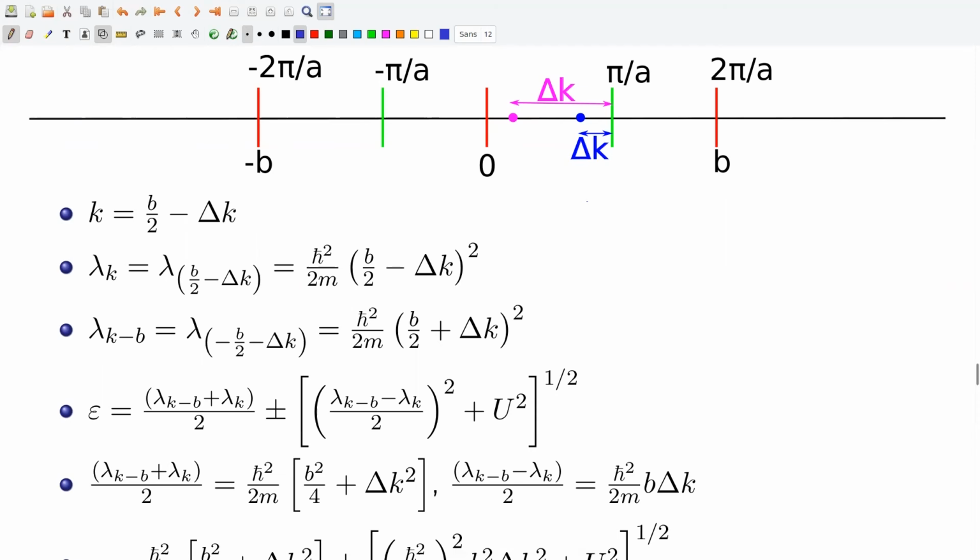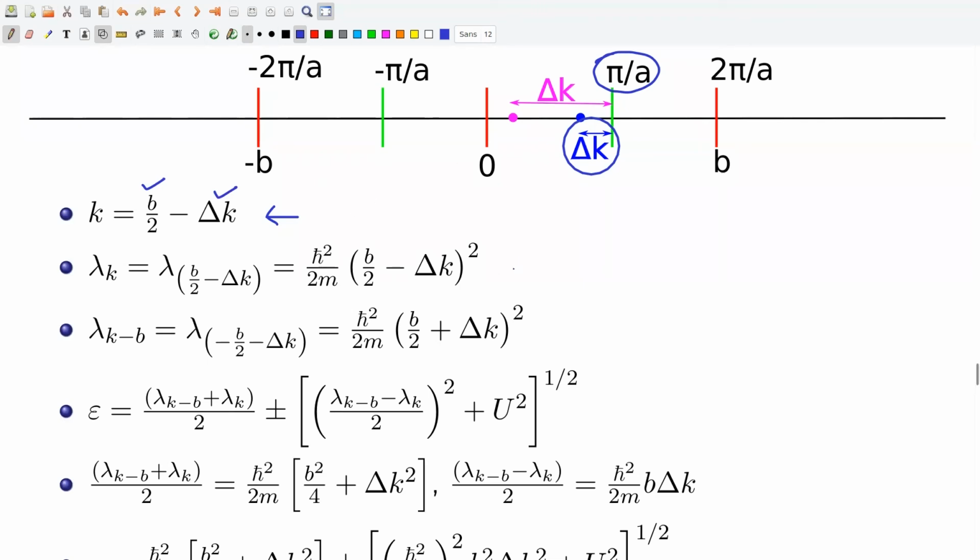Let me quickly summarize what we have done so far. We have redefined k in terms of its distance delta k from the first Brillouin zone boundary located at pi by a. So this is how we write k in terms of b by 2, the first Brillouin zone boundary, and delta k, the distance of k from the first Brillouin zone boundary.